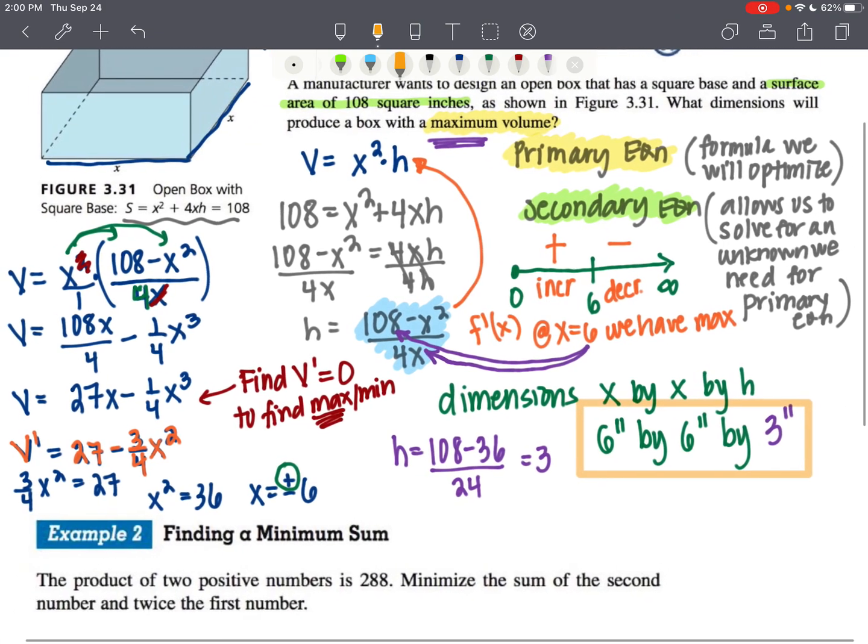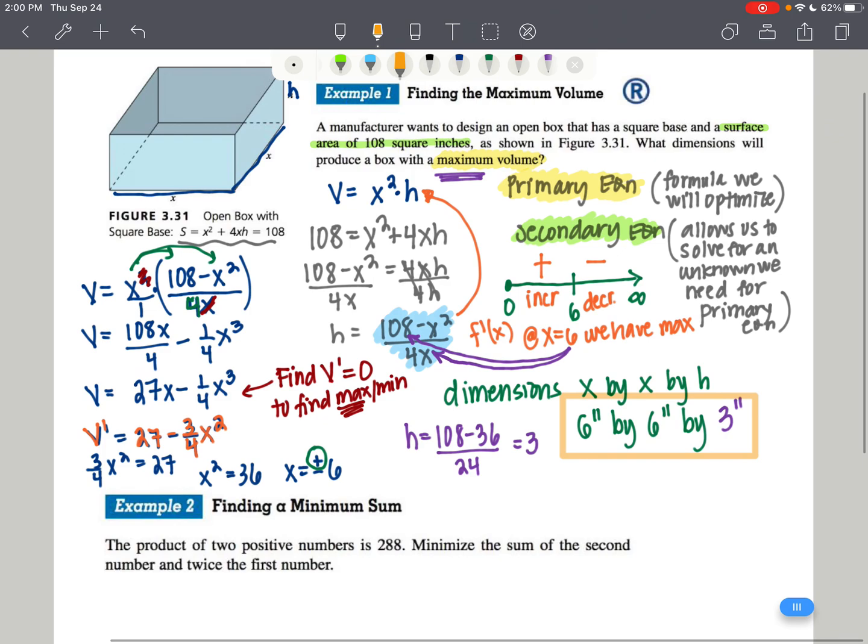So let's go through this again. We've got our primary equation that comes from whatever it is that we need to optimize. So we need to optimize volume. So volume is going to be our primary equation. Our secondary equation is some other piece of information in the problem that's going to allow us to write an equation and solve for a variable that we can substitute back into our primary equation.